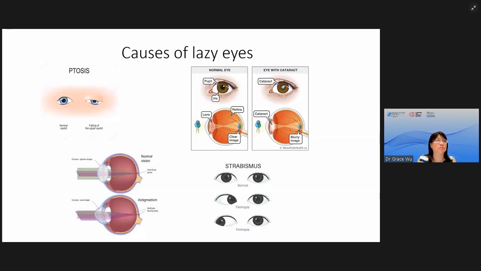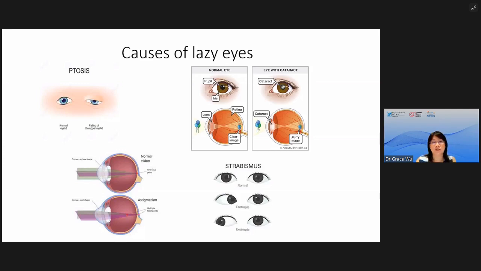And as a result, the brain fails to develop those little columns of cells in the visual cortex for fine vision. So it could be a child born with a droopy eyelid, or a cataract, or for whatever reason long-sightedness or short-sightedness, and in Singapore, one of the most important reasons for amblyopia is astigmatism which is not corrected.